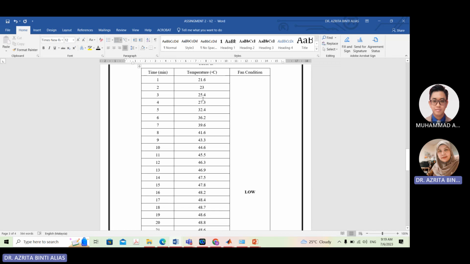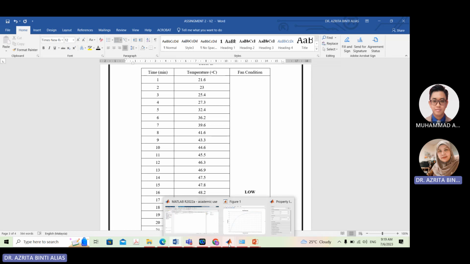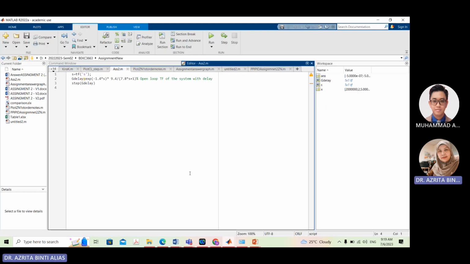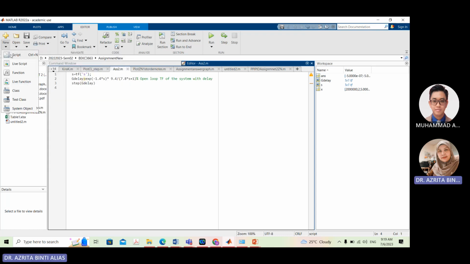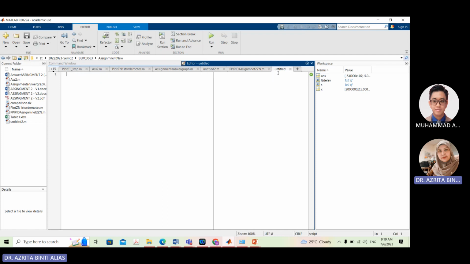this output response based on this table. We need to plot it. I will show you how to plot the graph using MATLAB. You usually use MATLAB, right? Here, you just click the script, new script, so we write in the M file, new script here.